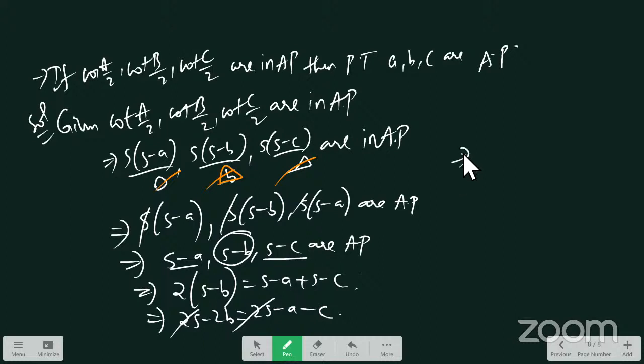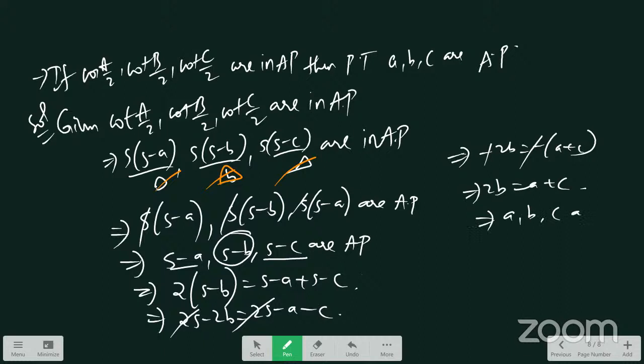That implies minus 2b equals minus of (a plus c), so 2b equal to a plus c. It implies a, b, c are in arithmetic progression. It is implies and implied by actual. Is it clear? So if they are in AP, then a, b, c are also in AP. Is it clear?